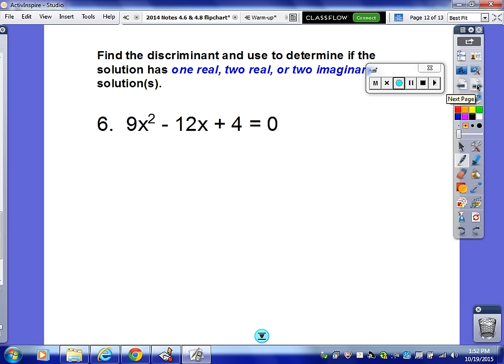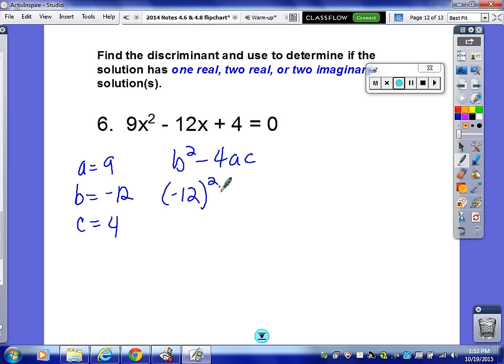All right, one more. Here again, it's already in standard form. So A is 9, B is negative 12, and C is 4. The discriminant, B squared minus 4AC. Negative 12 squared is 144, minus 36 times 4, which is 144.